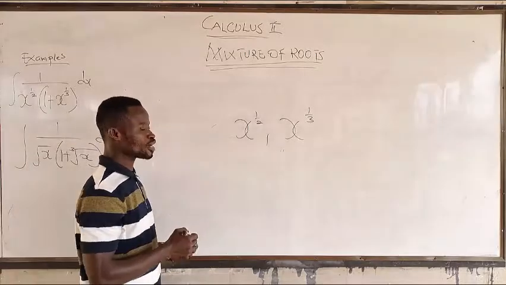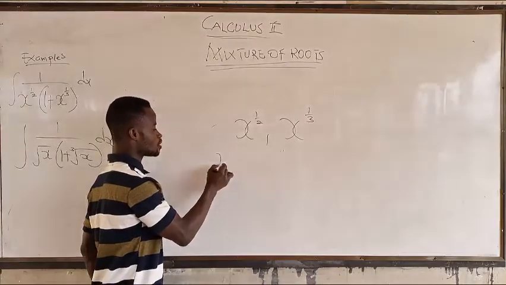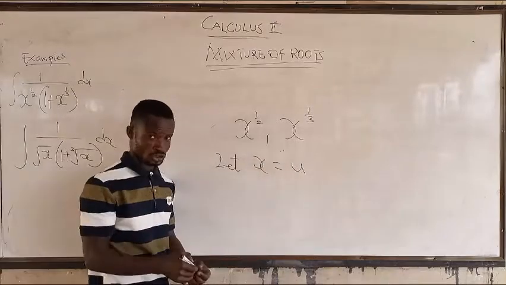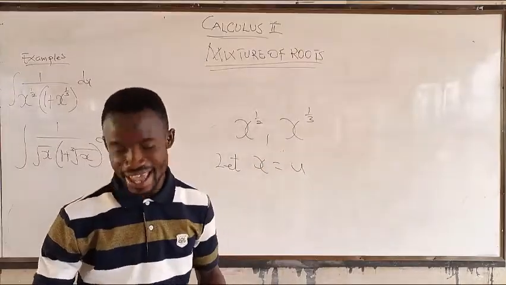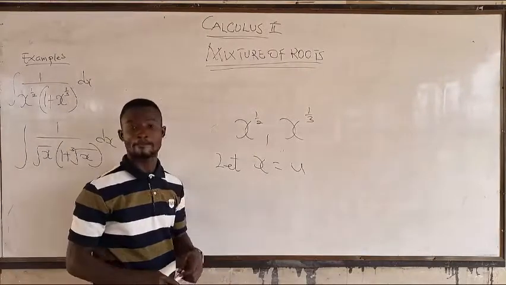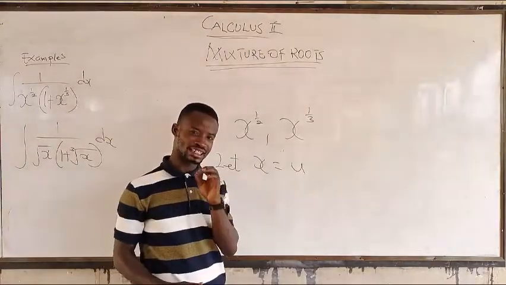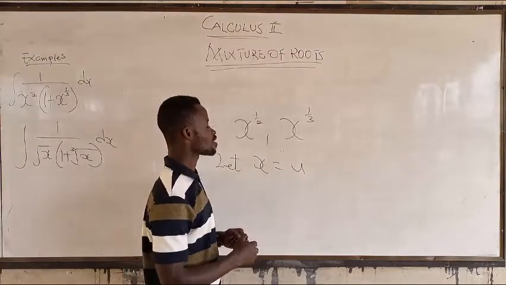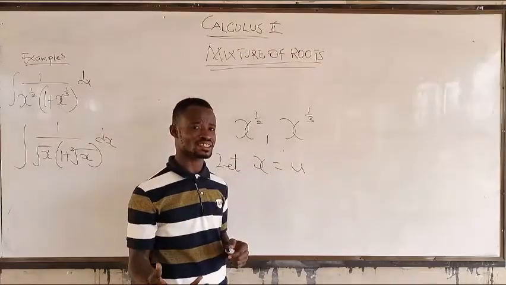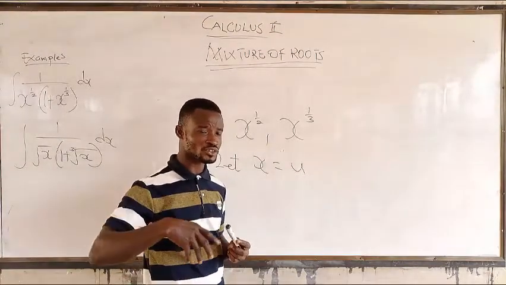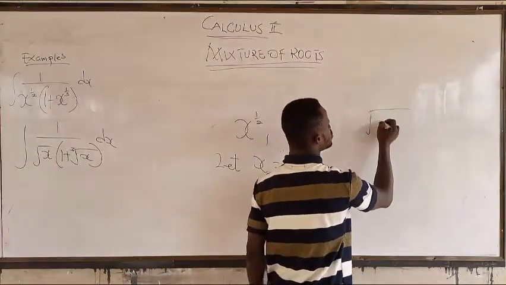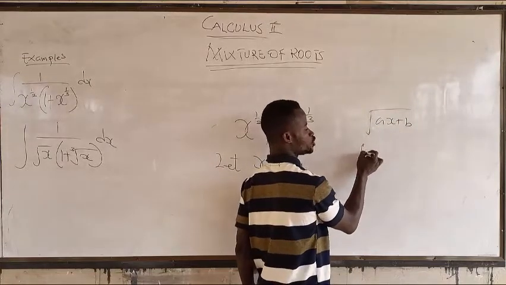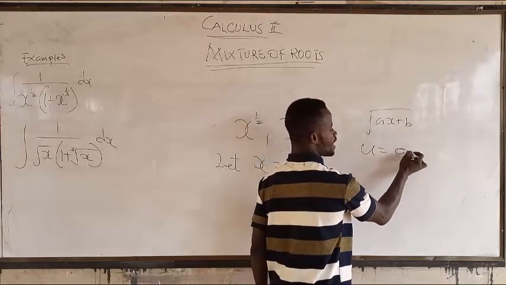So what we are going to do is let x be equal to u. But the u that we are going to let x be equal to, you see, don't forget that in our previous video, if you have square root of ax plus b, you end up writing u is equal to ax plus b.